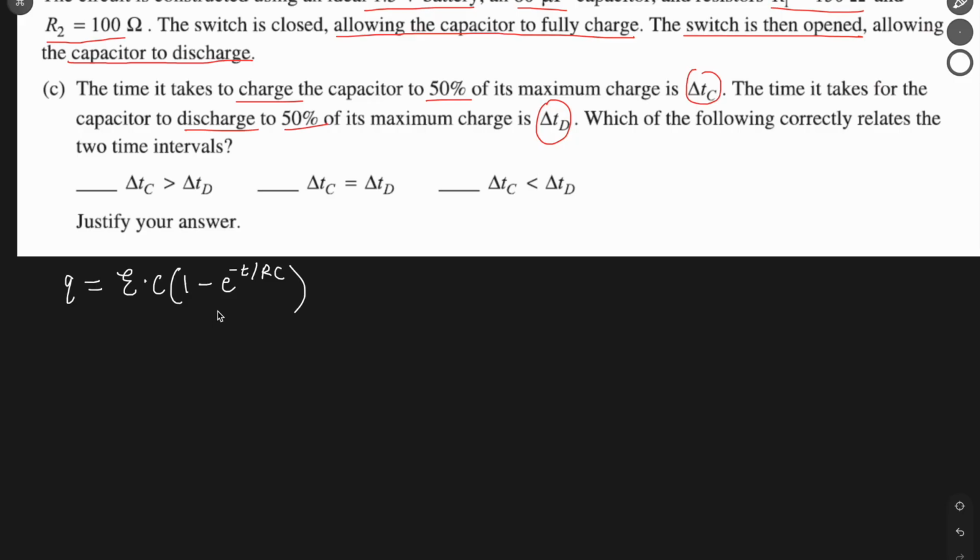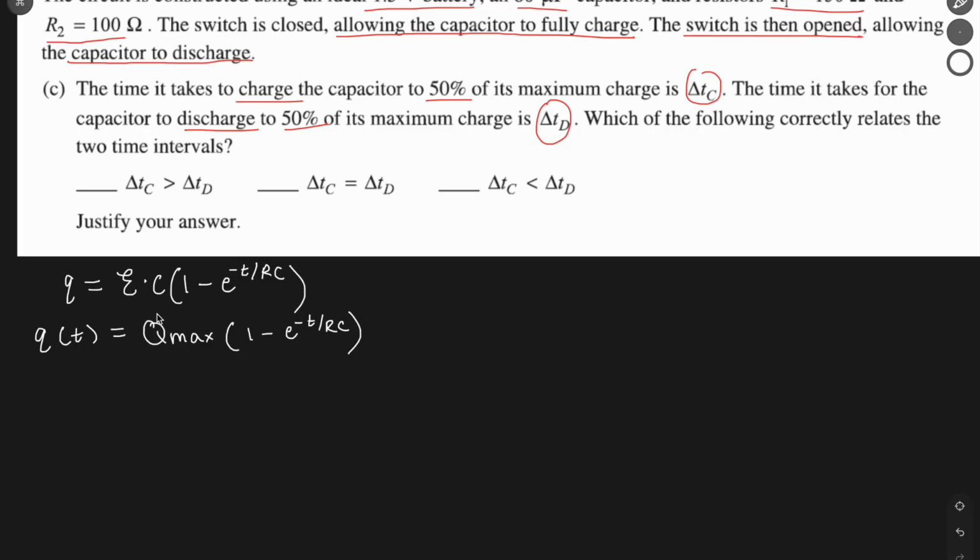So we have our standard equation, but one thing I want to call your attention to is that we can rewrite this equation like this. So basically what we did is we took the electromotive force times C and replaced it with a new variable called Q max.